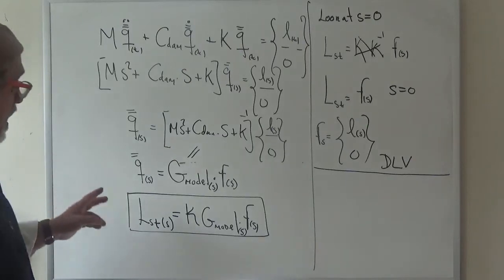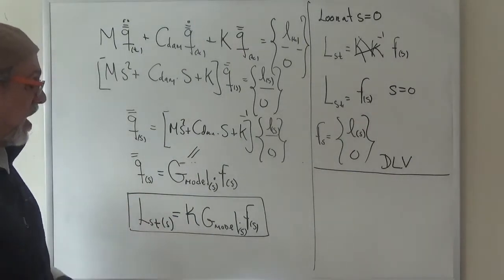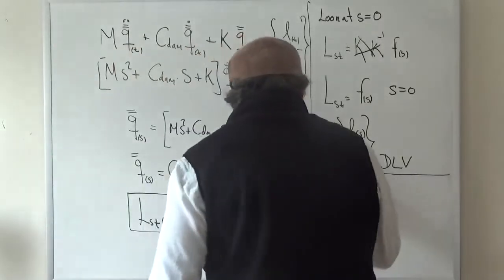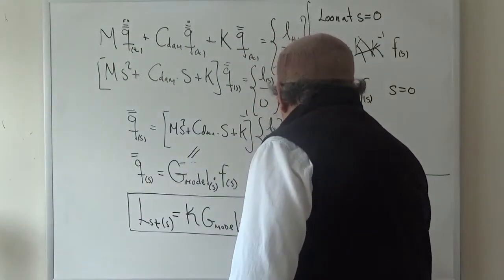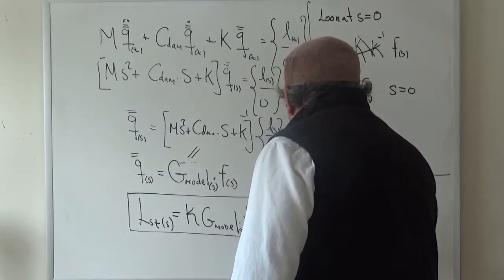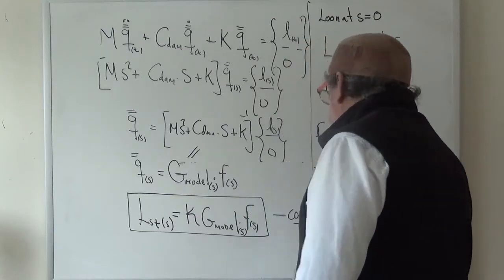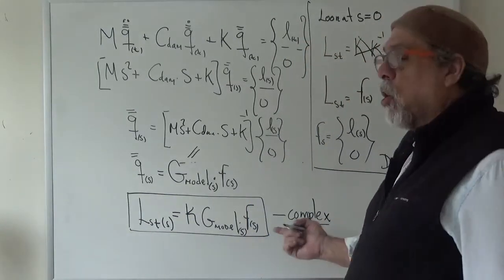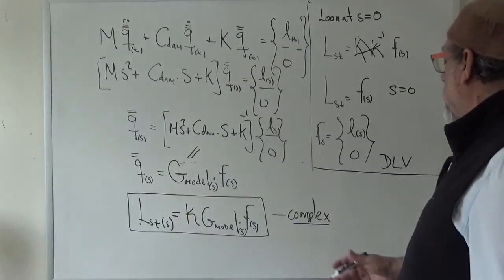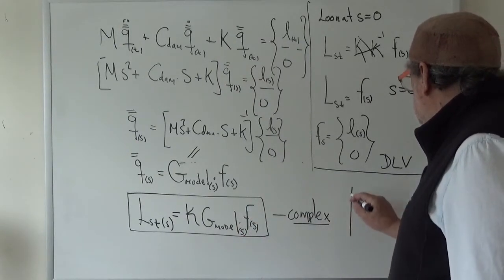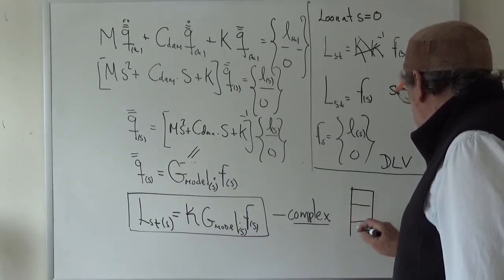Yeah, one thing. These vectors, LST, are complex in general. And at first glance, sometimes people get a little bit surprised. What do you mean a complex load? Well, there's nothing to it. I mean, if the load is complex, the load is complex.